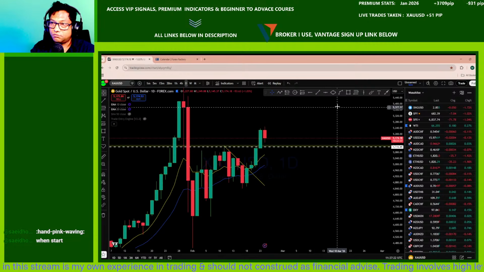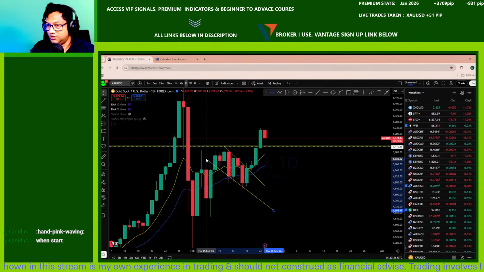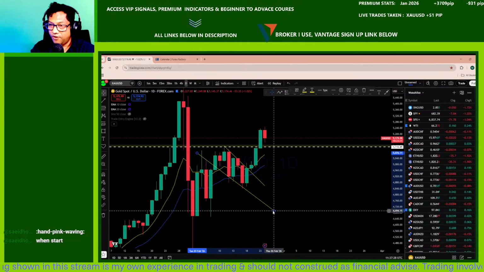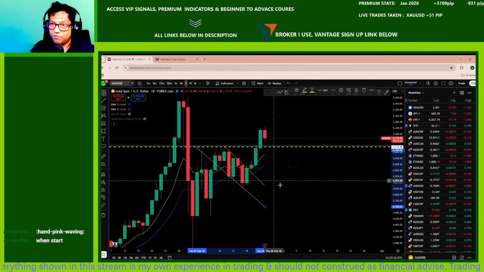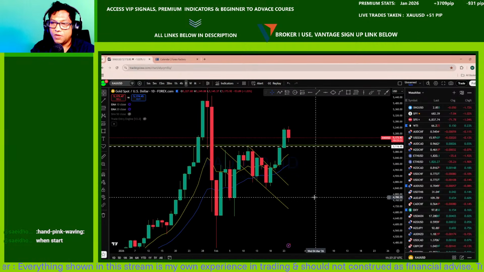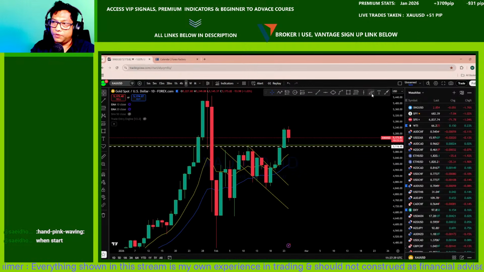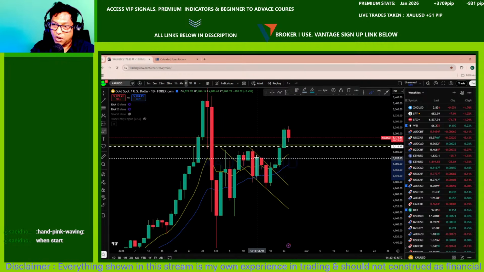There was a channel here, this is the bullish flag that has formed on gold. This is the daily perspective, and after formation of this bull flag there was a break below and then a bounce back to the upside.